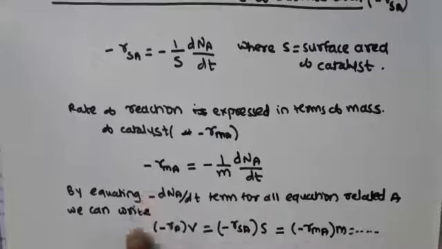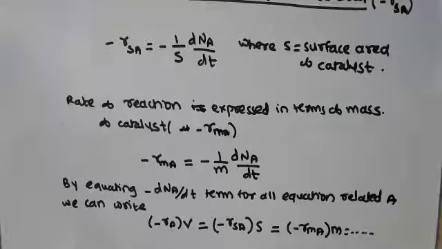So in this way, the interconversion between the different forms of the rate can be made possible just by comparing the value of minus dNA by dt and shifting the remaining terms to the LHS, so we can correlate the different forms of the rates like this.